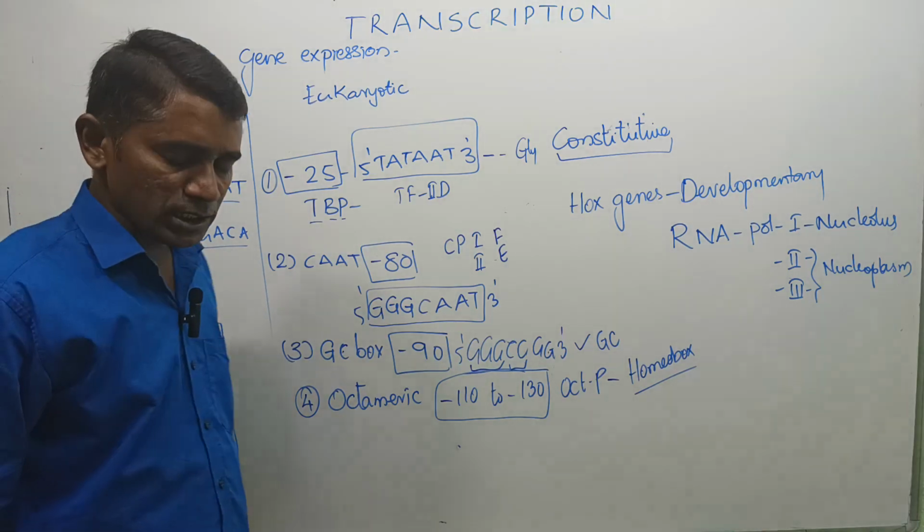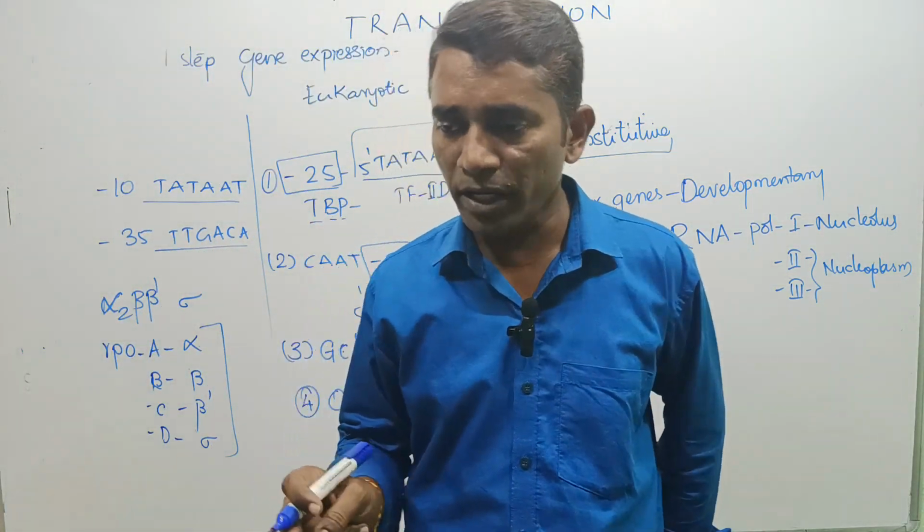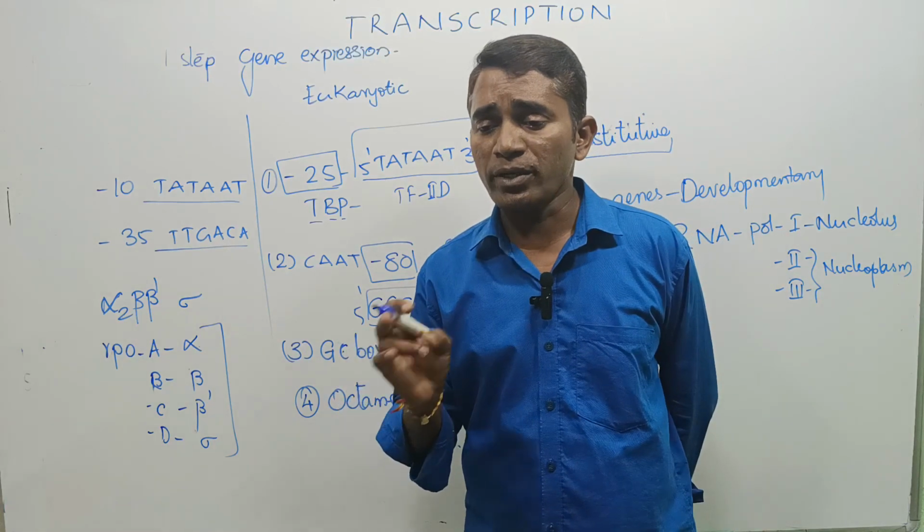There are different subunits. So these are the genes that code for different subunits of RNA polymerase in prokaryotic organisms.